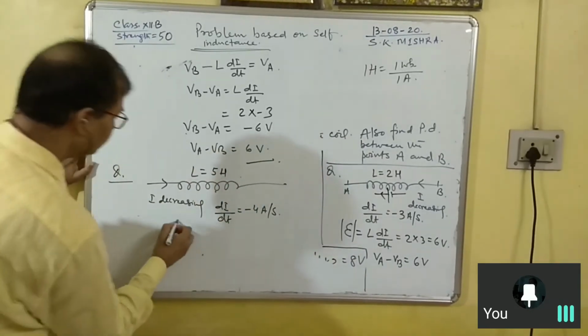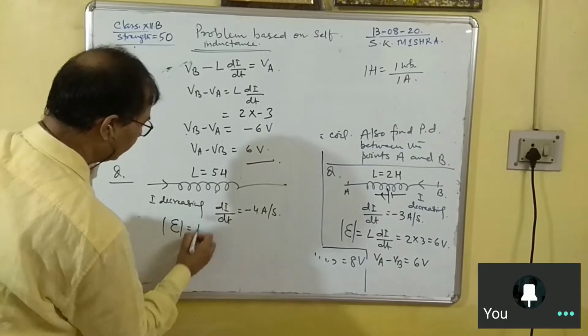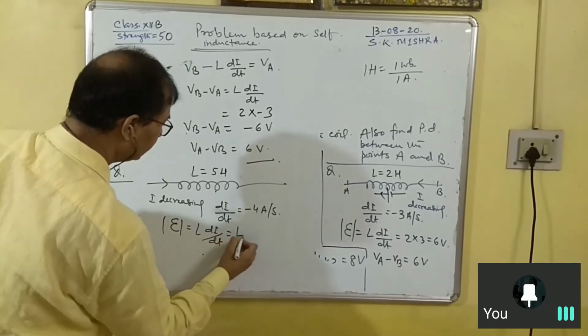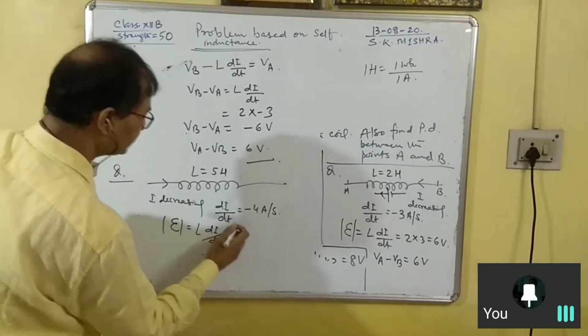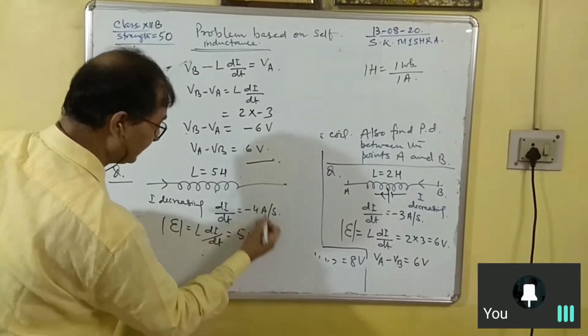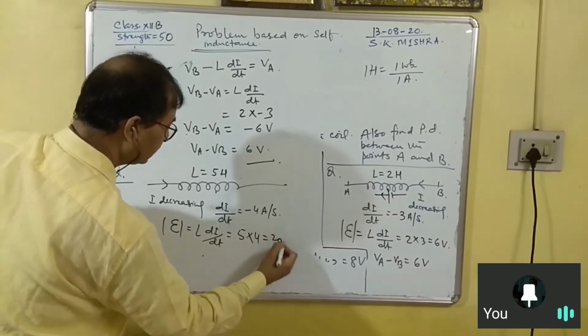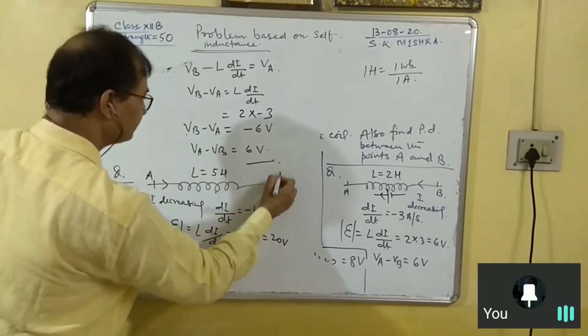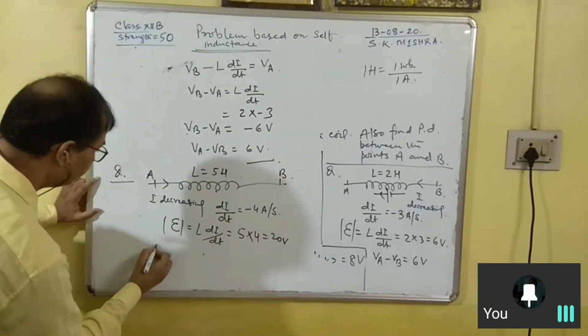Then how will you find the induced EMF? That is L di by dt. So L is 5 and di by dt is 4. Don't take the minus or plus sign. That is 20 volt. Now if this point is A, this point is B, now tell me VA minus VB.